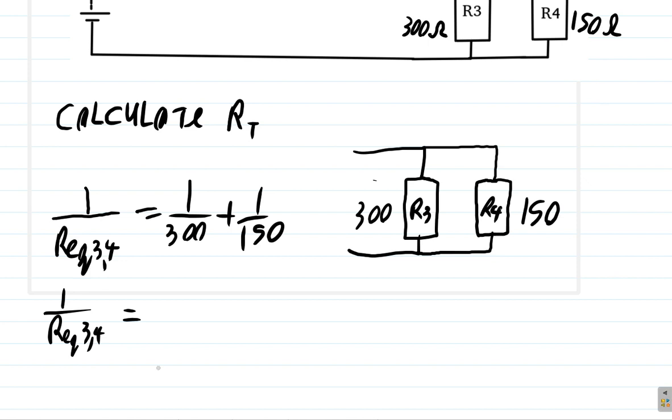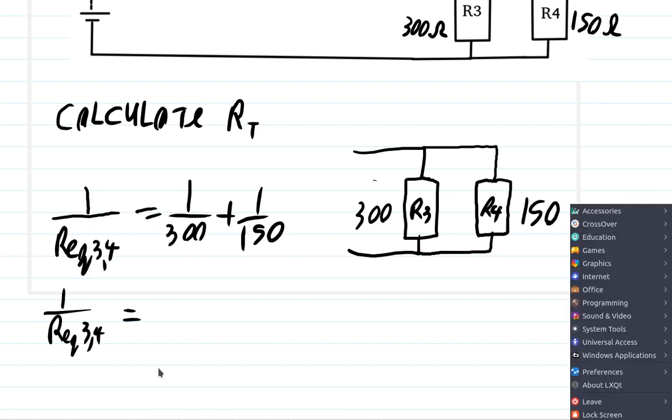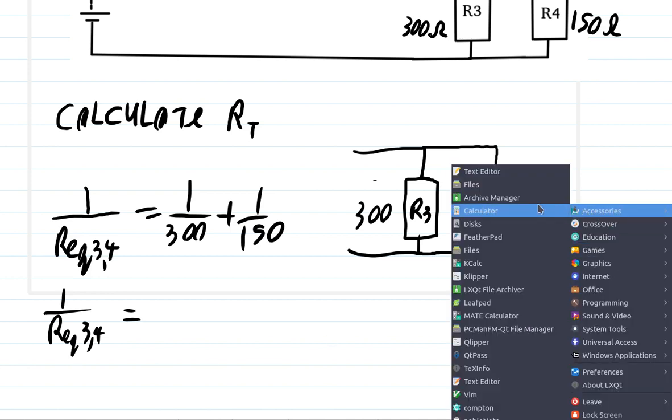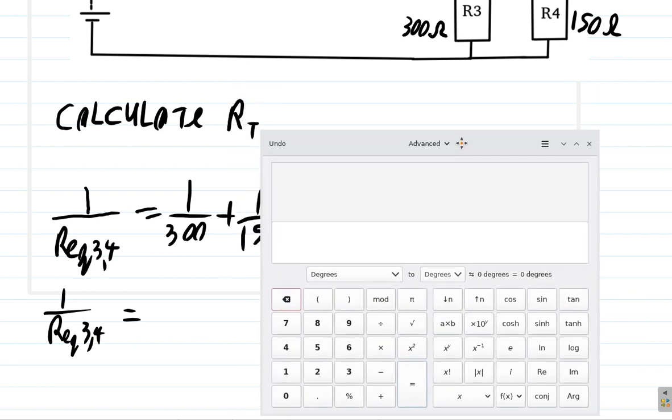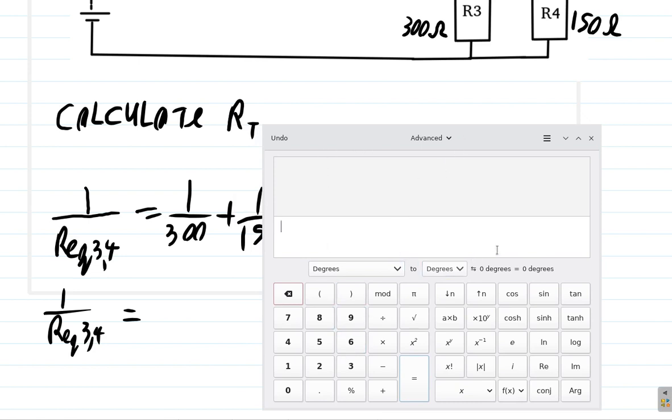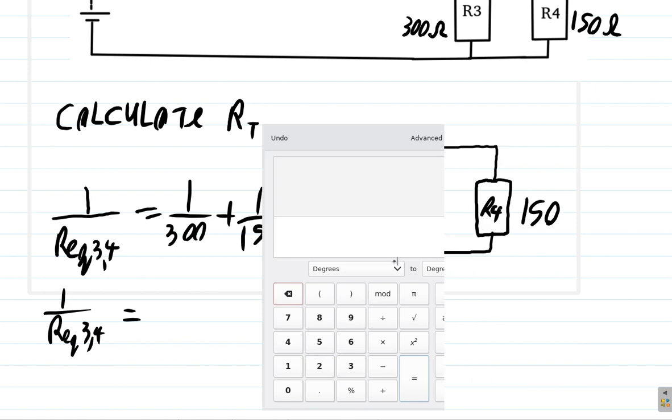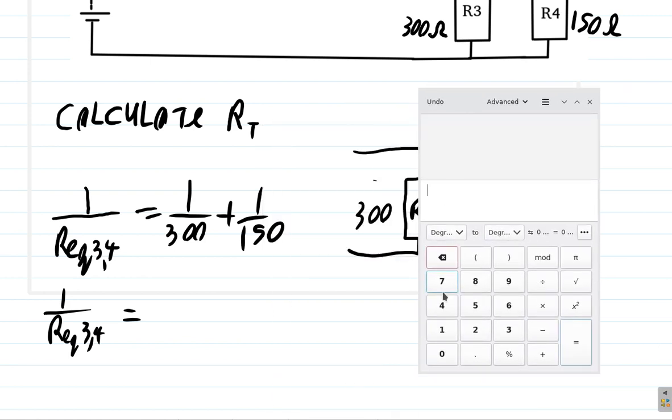Let's go to our calculator and work that out. So we have 1 divided by 300, plus, use bracket for safety, 1 divided by 150, close bracket, equal.